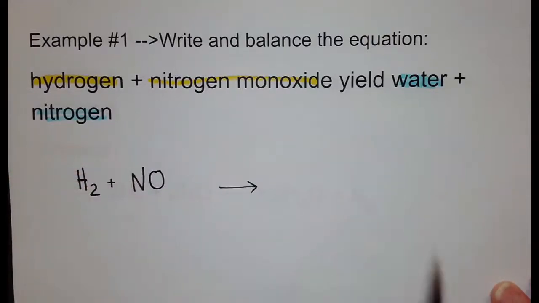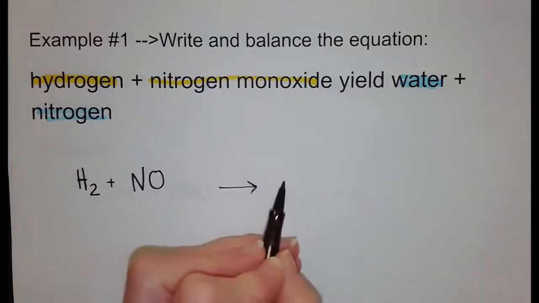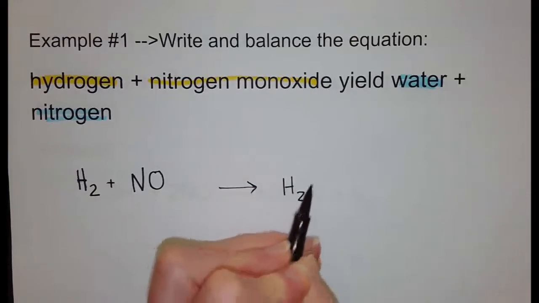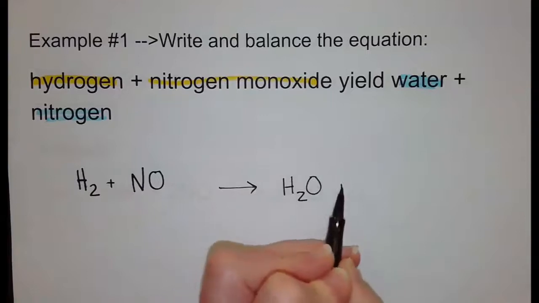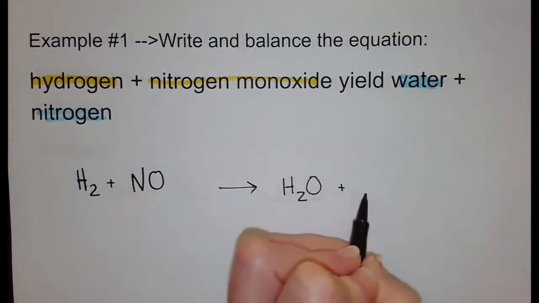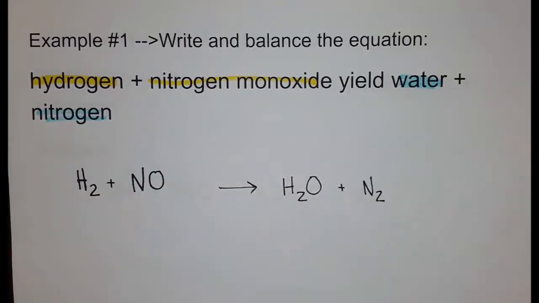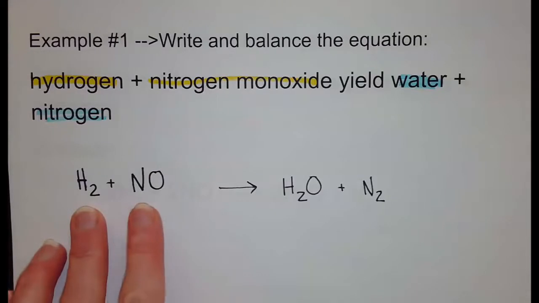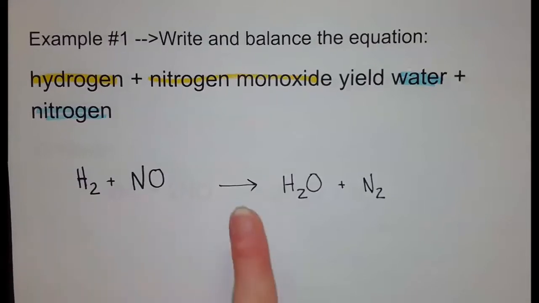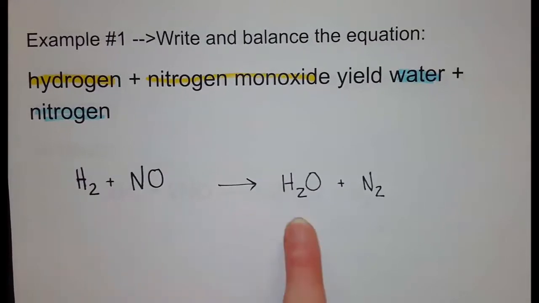So we all know H2O is the formula for water, and nitrogen is also a diatomic molecule, N2. So once we are done, that is the skeleton equation. We're saying that hydrogen reacts with nitrogen monoxide and yields water and nitrogen.